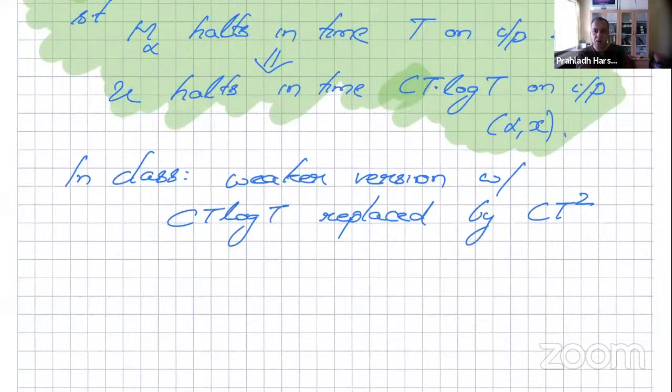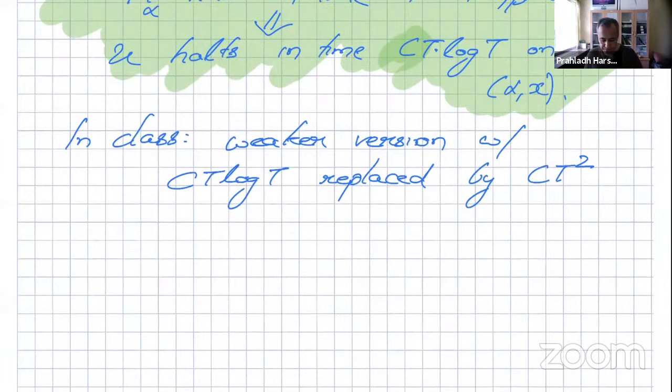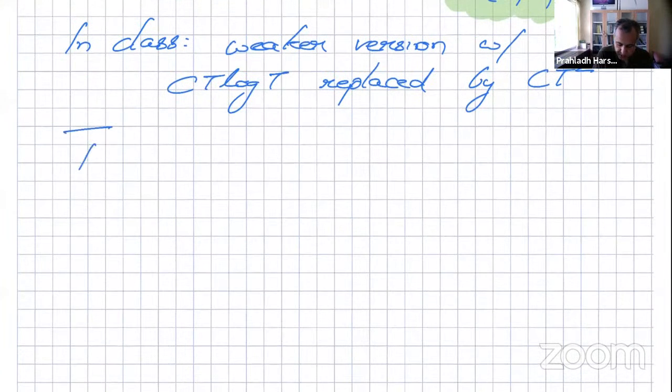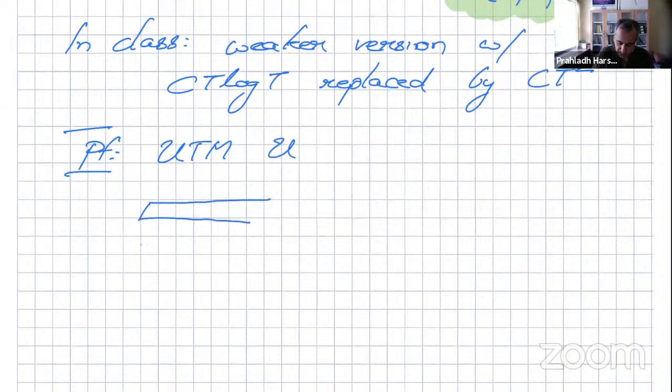Okay. How would we prove this? I need to describe the universal Turing machine U and how it performs the simulation. I'm going to assume it's a single tape Turing machine. What is the input for the UTM?